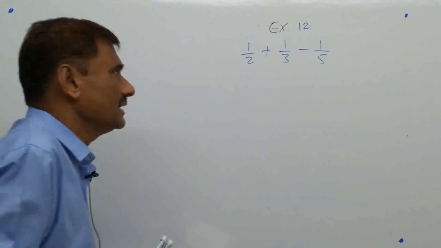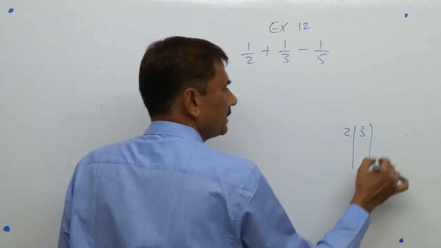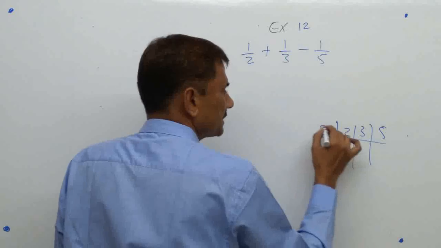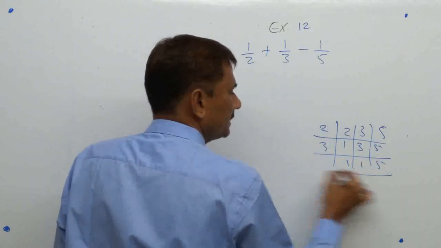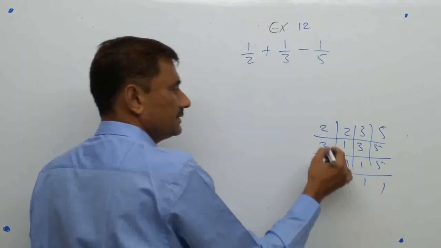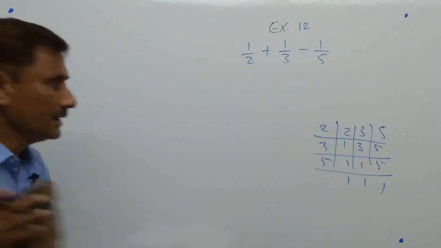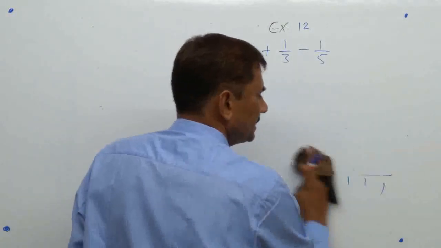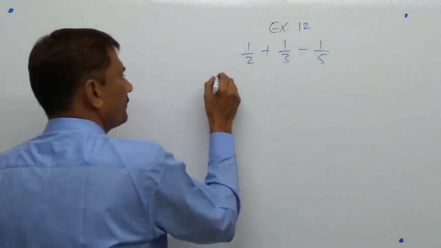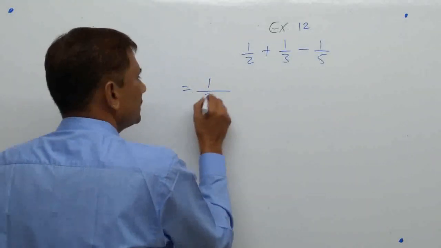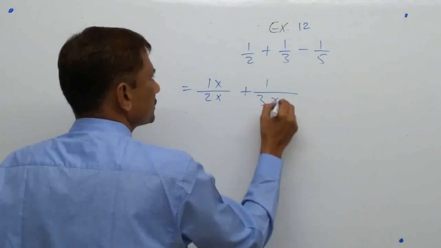If you are not getting that, then you can find the LCM that way also, no problem. 2, 3, 5. First by 2, then by 3, and then by 5. So obviously 5 threes are 15, 2 fifteens are 30. 30 is the LCM. But I don't think it is needed here. So now everywhere you just multiply by some number so that the denominator becomes 30.